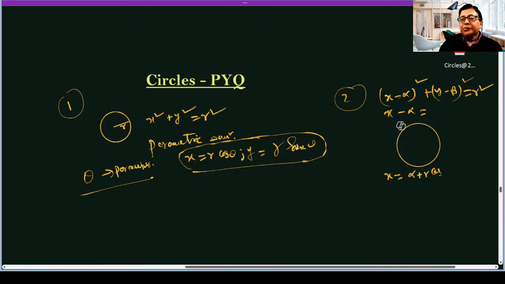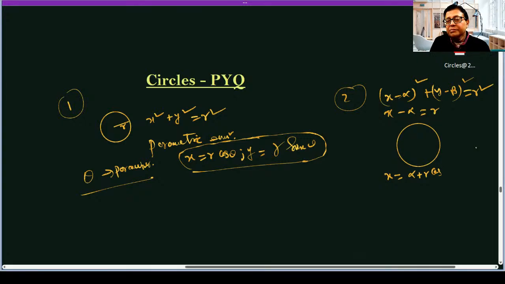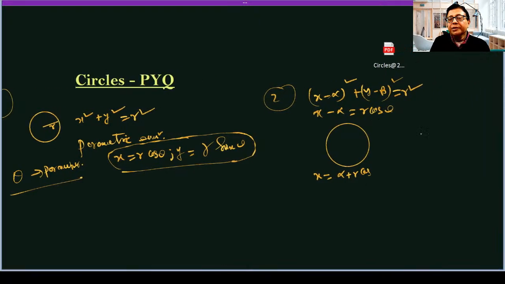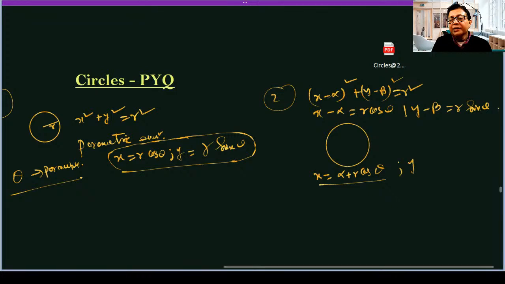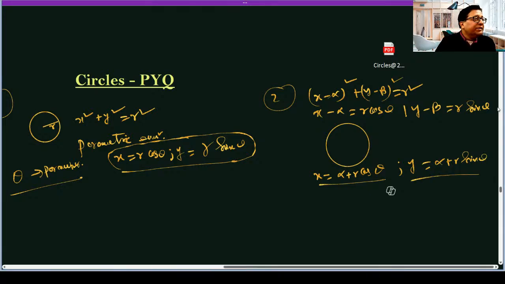So what is the parametric equation for this? It will be x equal to alpha plus r cos theta, and then y minus beta in the same manner: y minus beta equal to r sin theta. Combining these two, we get x equal to alpha plus r cos theta and y equal to beta plus r sin theta. Remember this as another representation of a circle.